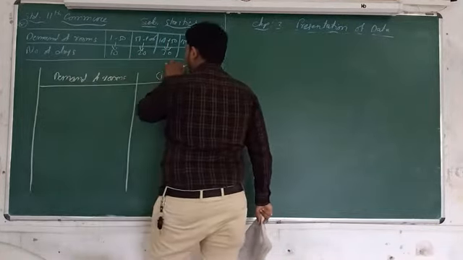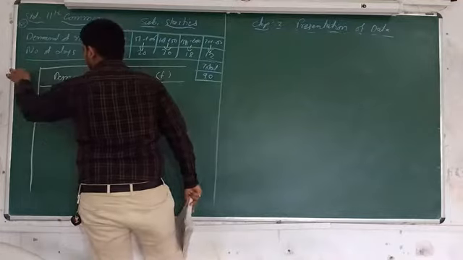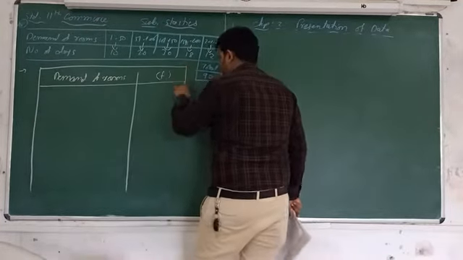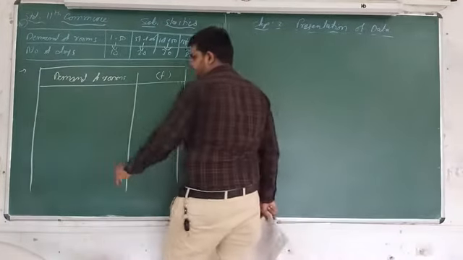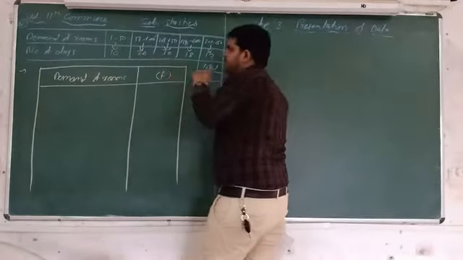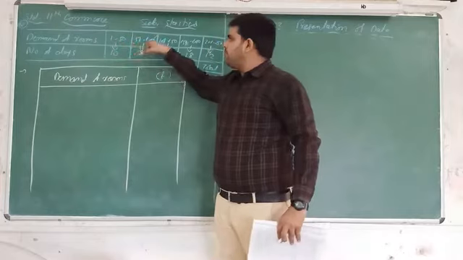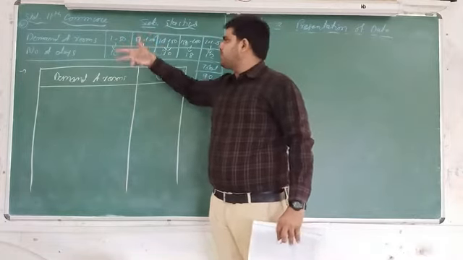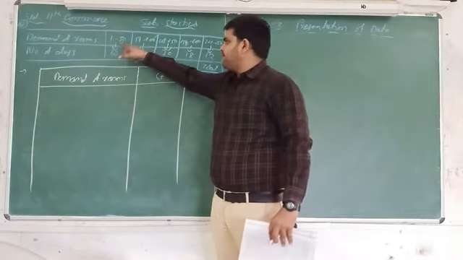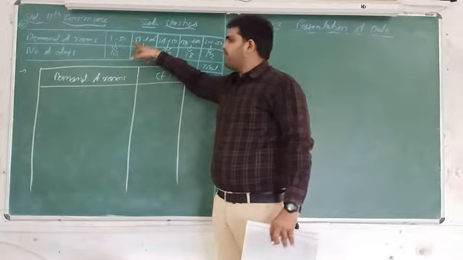Now what I have to do? We have to convert inclusive into exclusive, because here a continuous frequency distribution is there. See, 1 to 50, 51 to 100. It's a continuous frequency distribution, and the next class starts from 51.